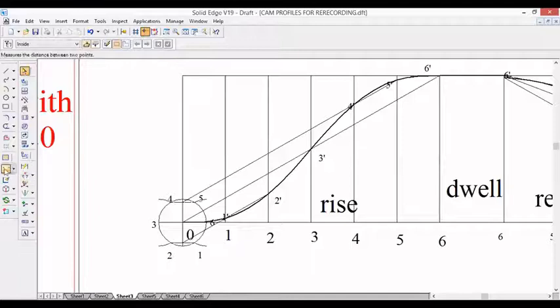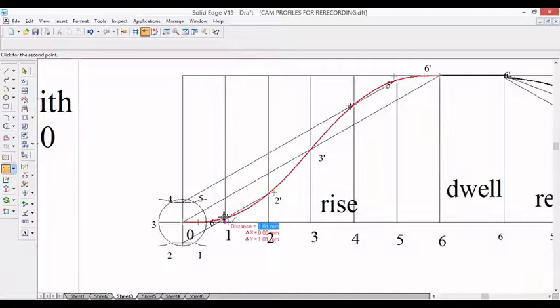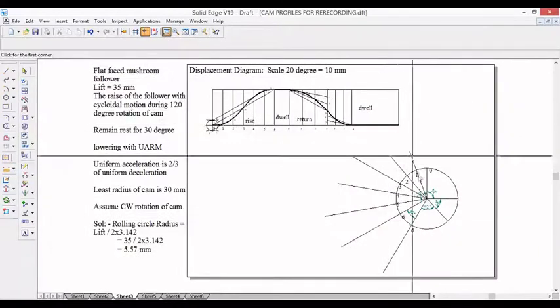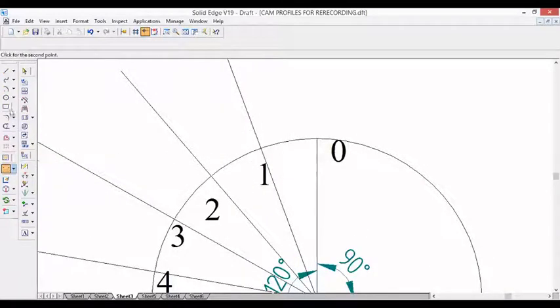You use a compass, measure from 1 to this 1 dash. Is almost looking like 1 mm. So 1 to 1 dash, you take compass, that measurement from 1 to 1 dash, you cut an arc.